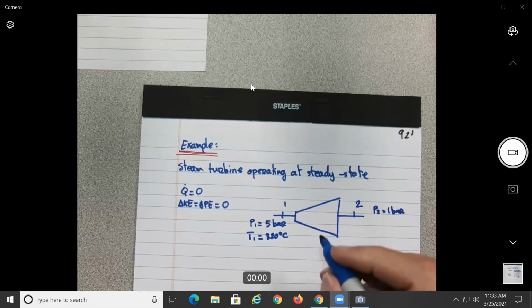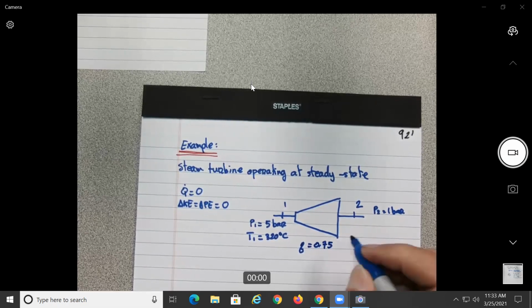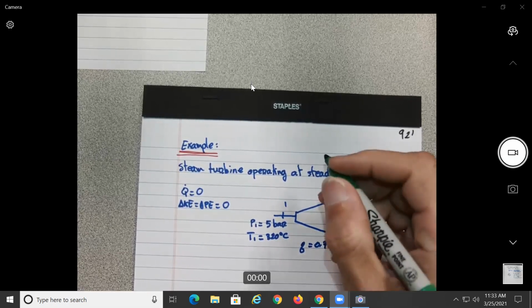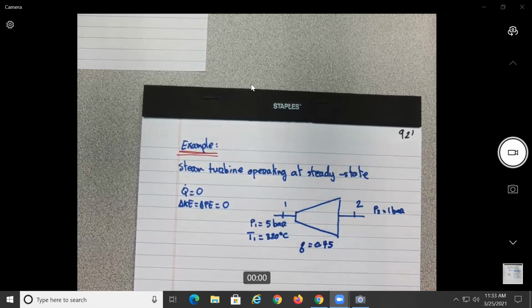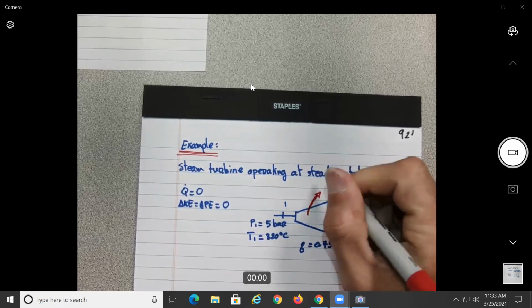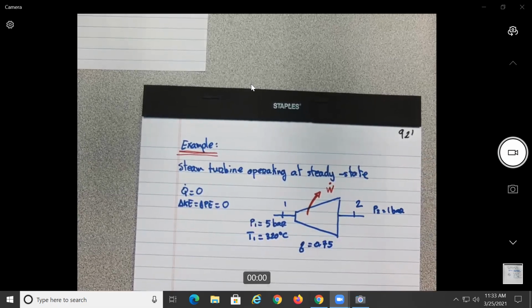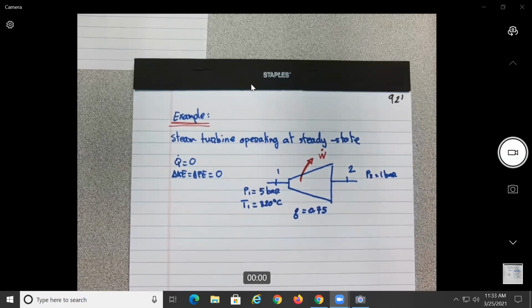Okay, if the efficiency of the turbine is 0.75, what we need to find is the actual power produced by the turbine.